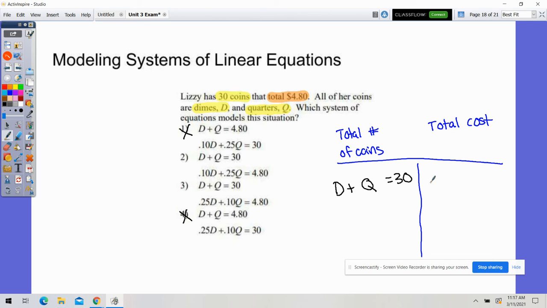So that would mean 0.10 times each dime plus 0.25 times each quarter would equal 4.80. Okay, so which one would that be? It's going to be 2. Here you would have to use your own knowledge that a dime is 10 cents and a quarter is 25 cents.